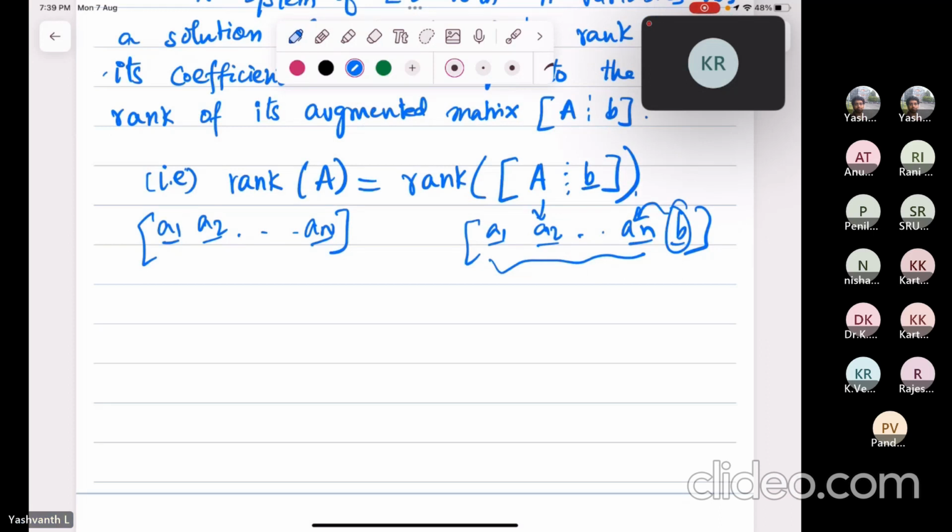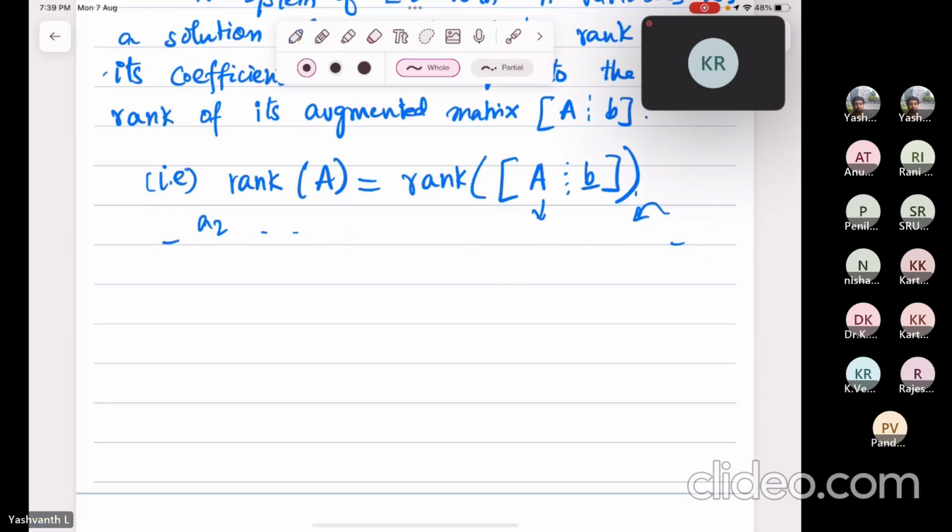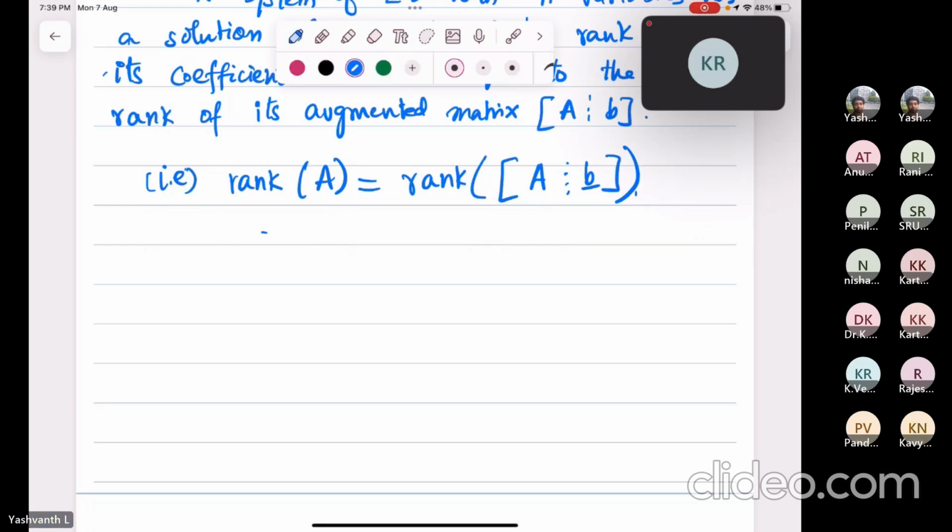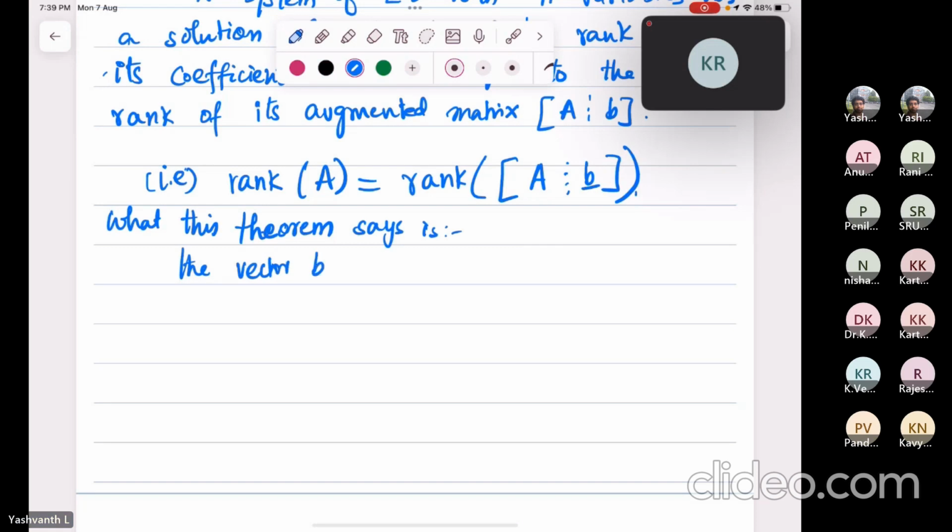For the sake of completeness, what this theorem says is the vector b cannot be linearly independent of the columns of the matrix A for a solution to exist. Yes, the comment by Anupam is correct: b is a linear combination of A1, A2, and so on to AN.